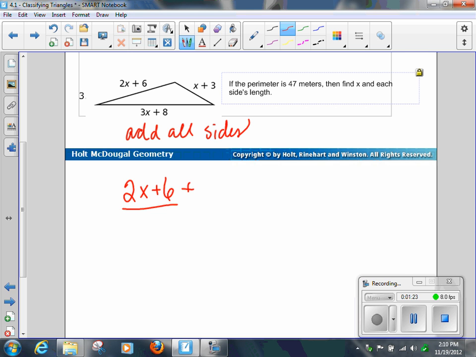That's my first side. Write this down if you don't have it. I'm going to take the second side, which is x plus 3. And I'm going to take that third side, 3x plus 8. And I'm going to set it equal to 47. That's how you find the perimeter. If you're finding the perimeter of the room, you're adding up all of the sides.